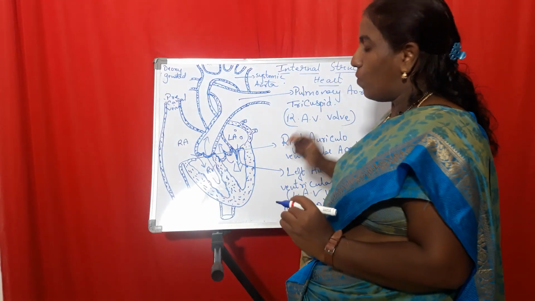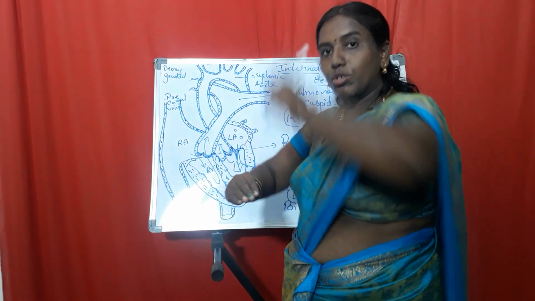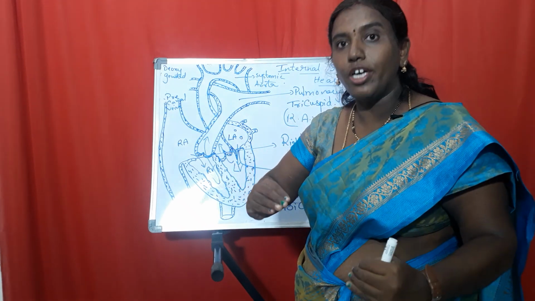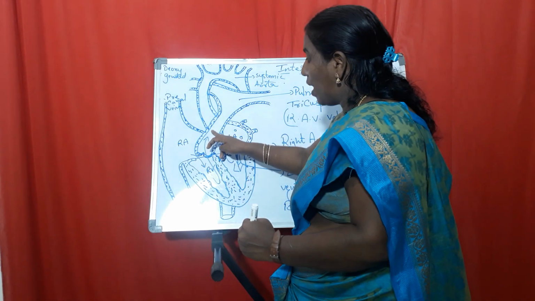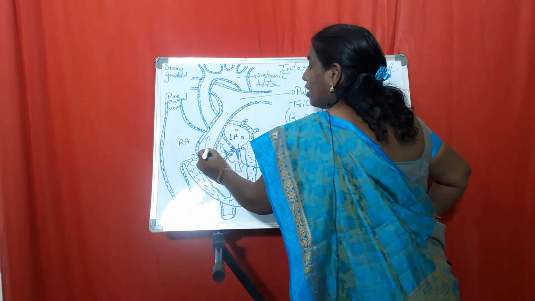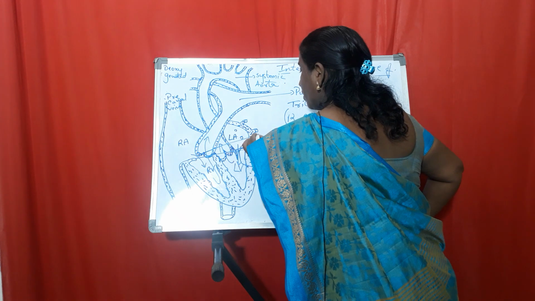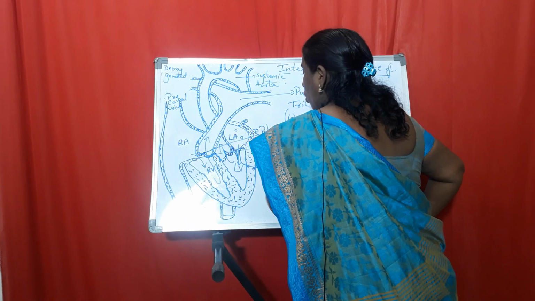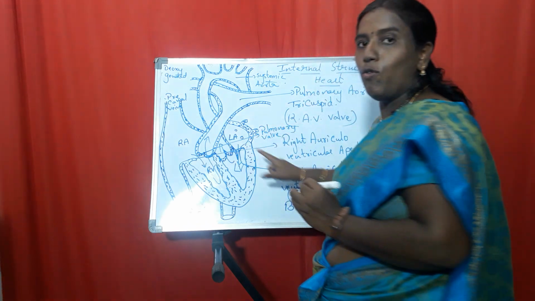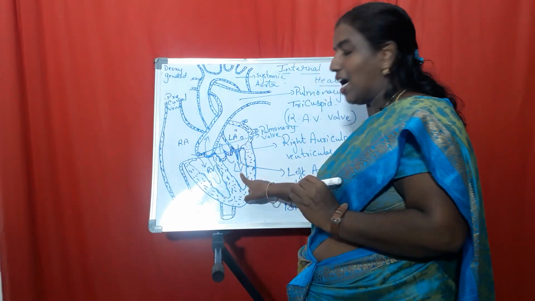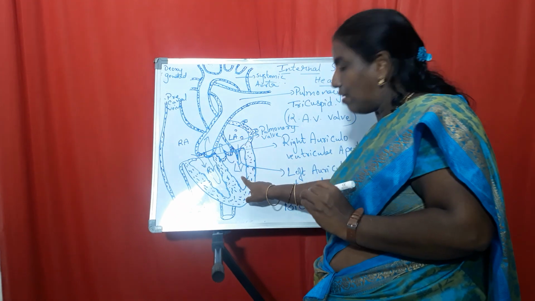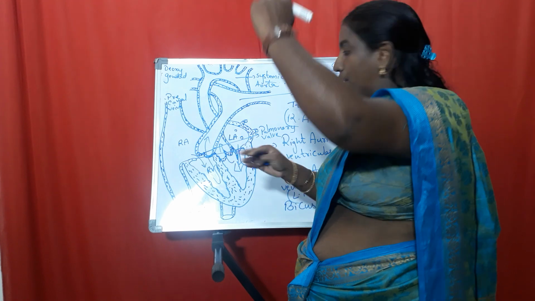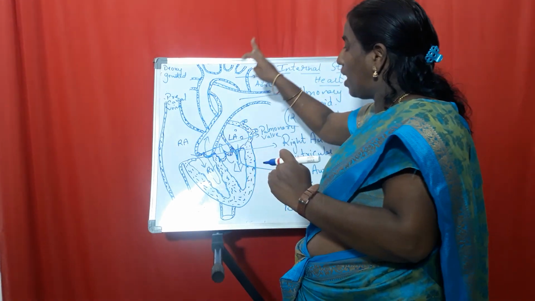Now here, when the blood flows from down to up, there is a scope that the blood may come back. In order to prevent this backflow of the blood, there is a valve called the pulmonary valve. On the left side of the heart, from left auricle to left ventricle, the blood goes up, entering into the systemic aorta.